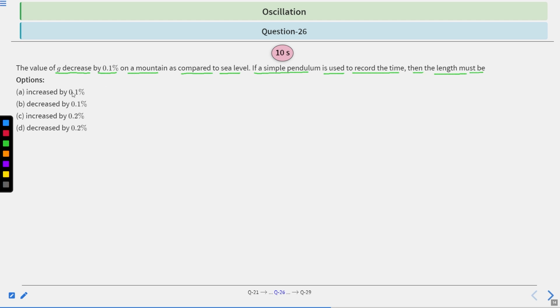Option A, increased by 0.1%. Option B, decreased by 0.1%. Option C, increased by 0.2%. Option D, decreased by 0.2%. Clear? You have 10 seconds to solve this question. After 10 seconds, we will provide the solution.